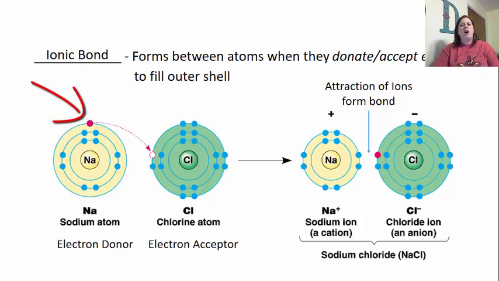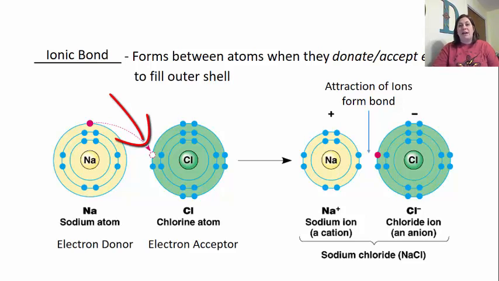It's going to be very hard for it to get 7 electrons. So it would be easier for it to give one away. If it gives that one away in the outer shell, the next shell is full, so it can be happy. Okay, on the other hand, chlorine has 7 electrons in its outer shell, meaning it only needs 1 more. So if it takes the 1 from sodium, it now has a full outer shell.